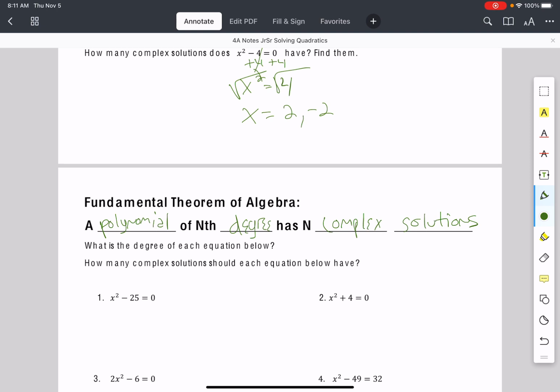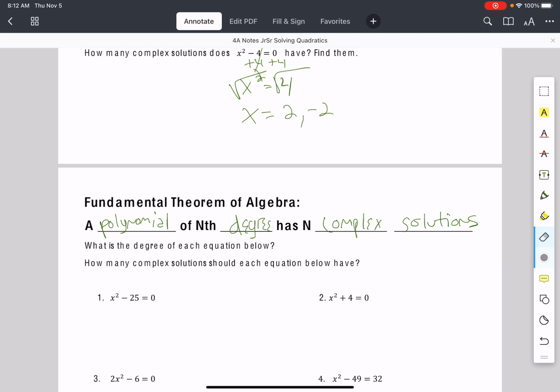If it's degree 2, it'd have 2 solutions. Degree 1, 1 solution. Okay? So if I have a second degree polynomial, I'd have 2 complex solutions. That's okay. N is just the number. This is just the general way to write it, okay?